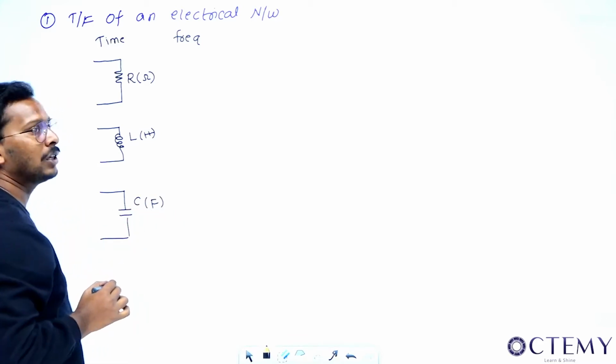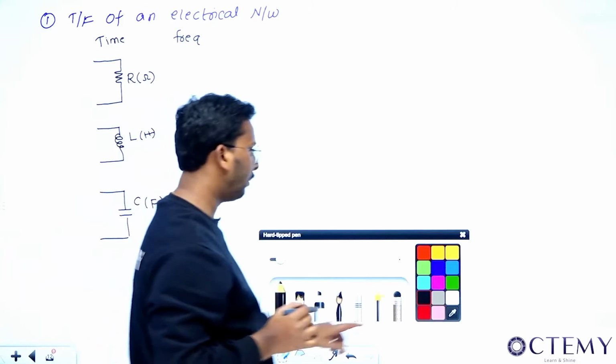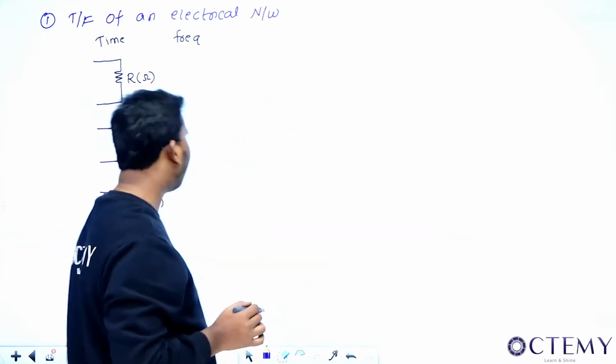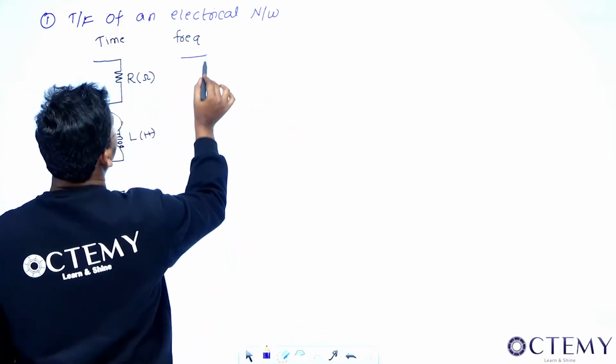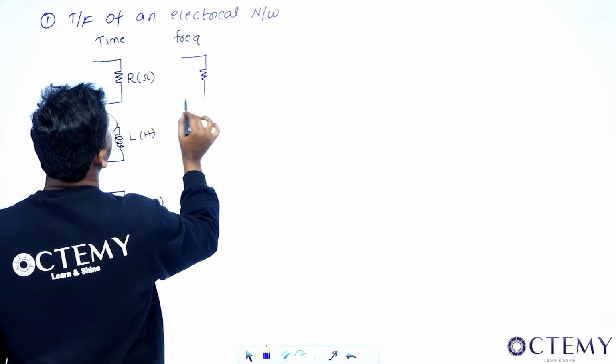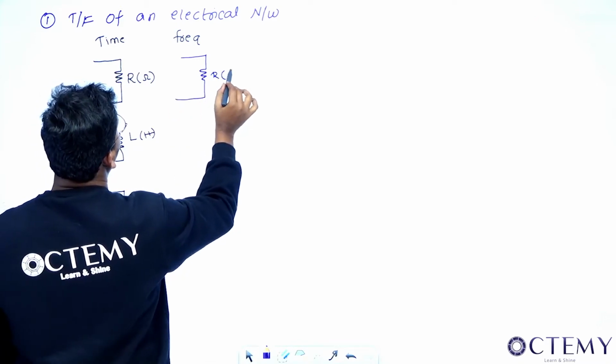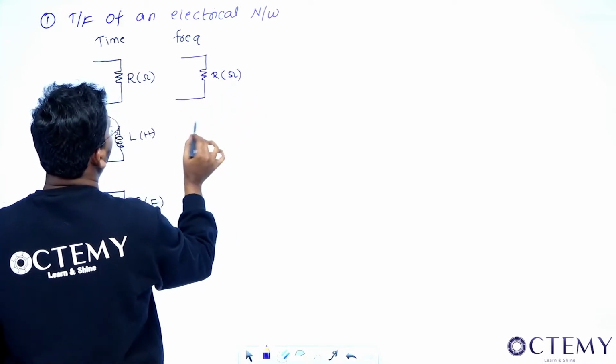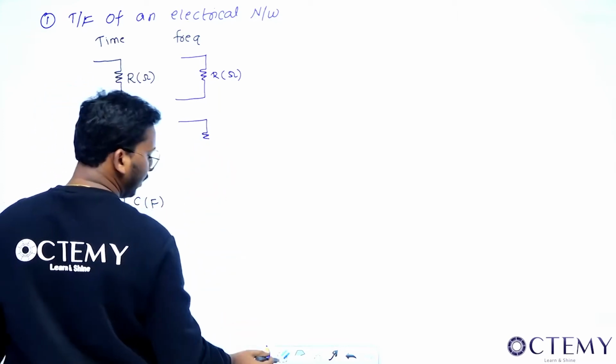This is how it will look in your time domain. Whereas when you convert it into Laplace domain, that is the frequency domain, the R will not change. The R will still be R ohms only, and the S will be changed like this.